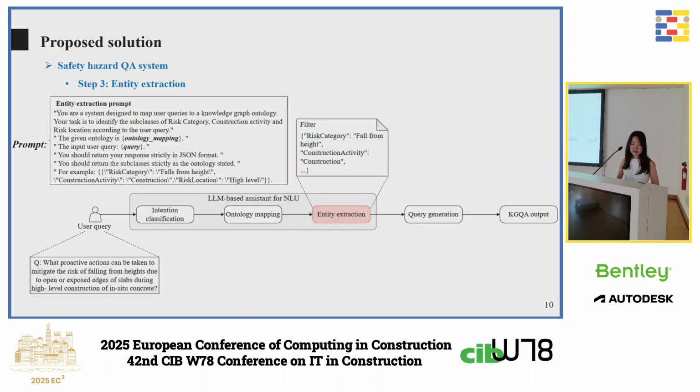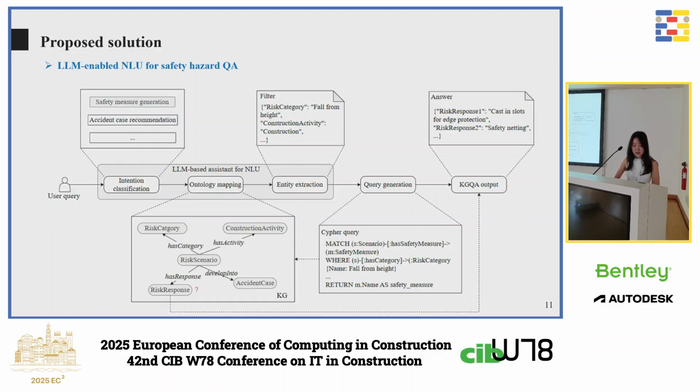And step 3 is entity extraction. In the entity extraction prompt, the language model is asked to map the user query to a knowledge graph ontology. The user query is one input, and the retrieved ontology is another input. The model is asked to output the extraction result in JSON format.